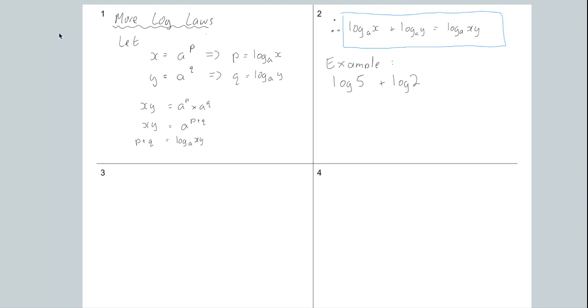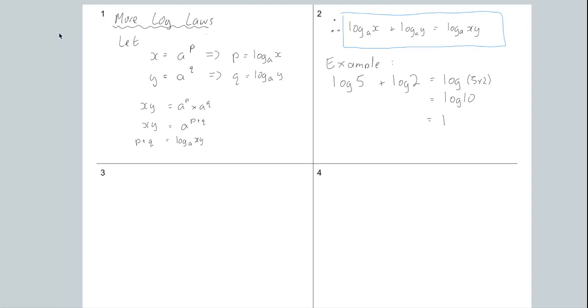Normally, you would reach for your calculator and say log 5 plus log 2, and then you'd get a result from it. But this question could very easily be asked on a non-calculator section, because I can make that equal to log of 5 times 2, which is log 10, and the log of 10 is 1. Done.